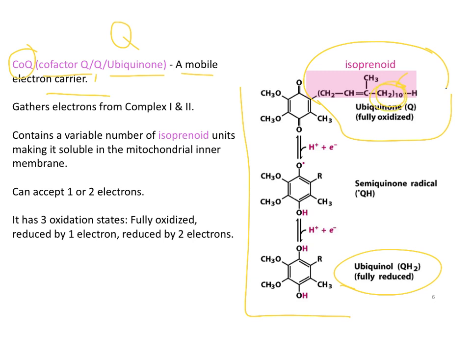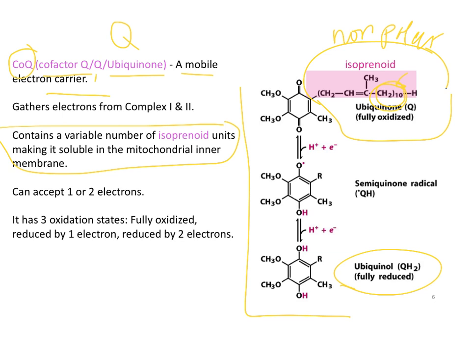So this is a really long carbon-hydrogen chain, which is super nonpolar, which is the reason why it's soluble in the inner membrane. Okay, so it contains a variable number of isoprenoid units, making it soluble in the inner membrane, because inside the inner membrane is where all the phospholipid tails are.